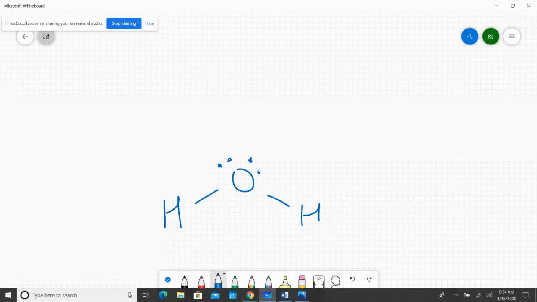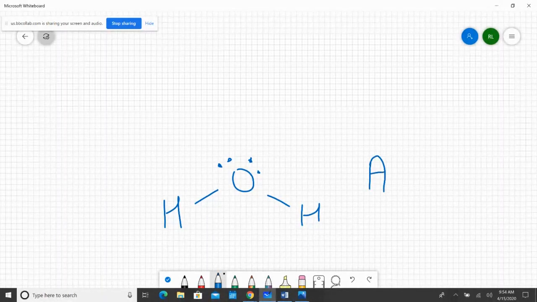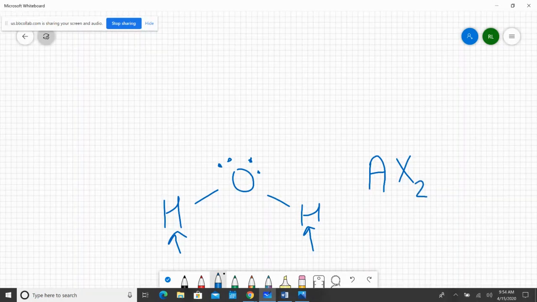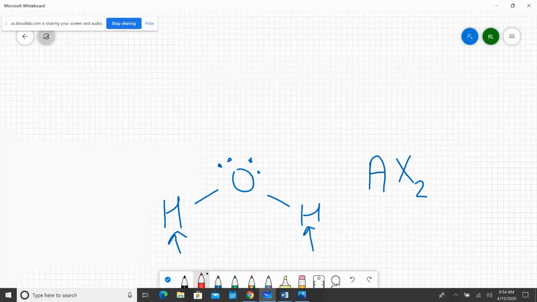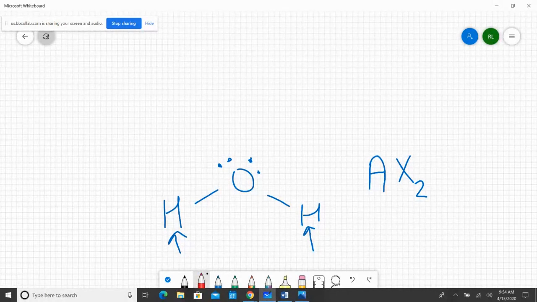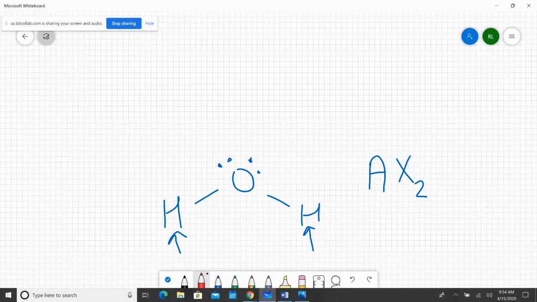So let's learn how to write the notation in that AX2E format. Now remember, A refers to the central atom. I have only one of those. There are two terminal atoms, hydrogen and hydrogen. That's why I'm going to call it AX2. Now I look at my lone pairs on the central atom. Again, I'm only looking at atom A, the central atom, to count my lone pairs.